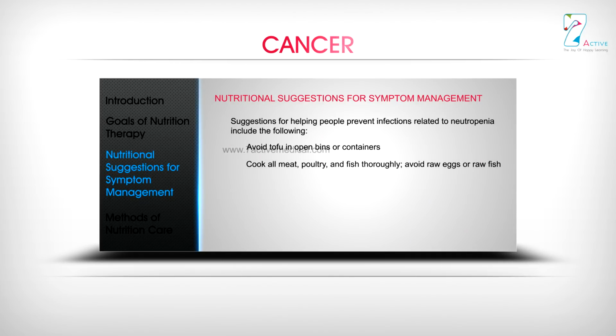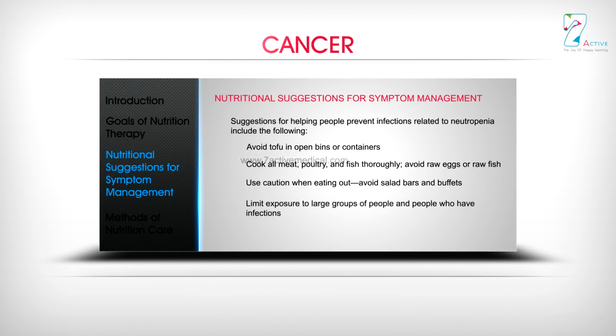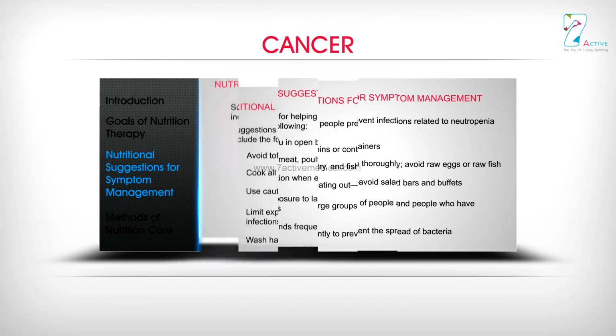Cook all meat, poultry, and fish thoroughly. Avoid raw eggs or raw fish. Use caution when eating out. Avoid salad bars and buffets. Limit exposure to large groups of people and people who have infections. Wash hands frequently to prevent the spread of bacteria.